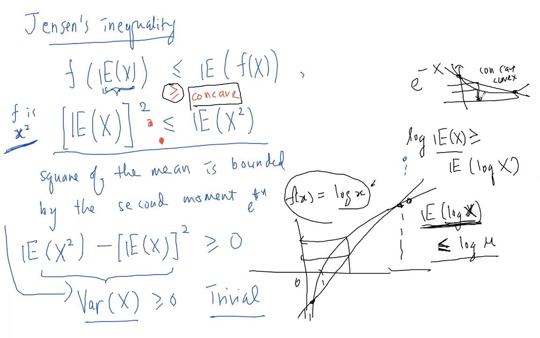Because at any point in between, the value evaluated on the straight line is dominating the value on the curve. So this one is convex. Of course you can derive it, I leave it to you.